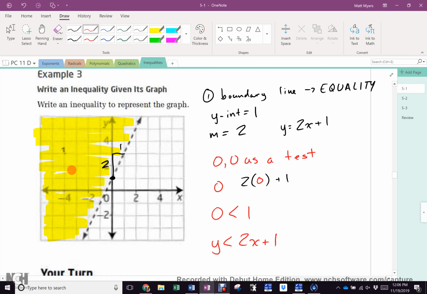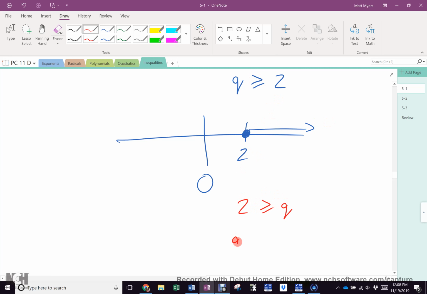This is, of course, the opposite of this, isn't it? Because that says 2 is greater than q, which means q is less than or equal to 2, doesn't it? So you've got to go that way if it's the red one. That's what I'm concerned about when you try and pick up shortcuts on your own. Everybody cool?